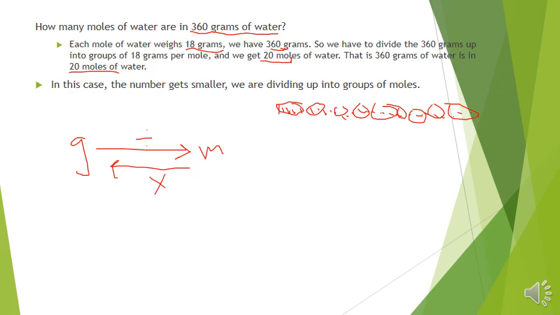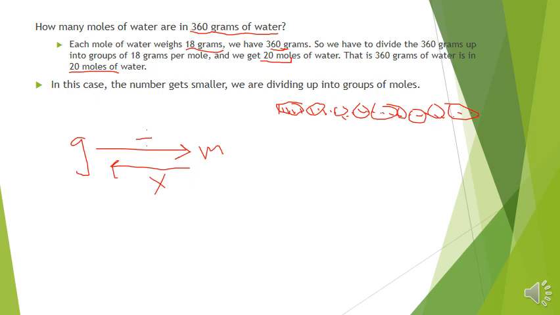Now, hopefully you're seeing multiply and divide, and my guess is you think, oh, when I do this, I multiply, when I do that, I divide. But think about it. When you go from grams, what you're doing is dividing up into groups of whatever the molar mass is. So in this case, you have 360, and you divide it up into groups of 18. If you go the other way, you're emptying out.